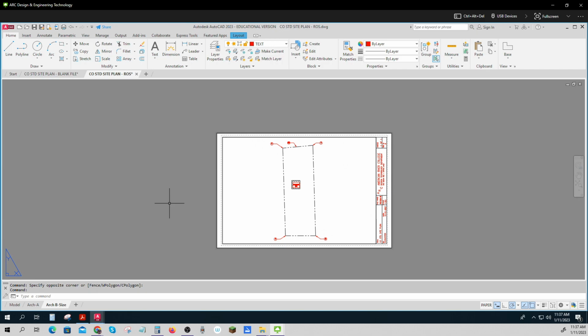So there we go. There's the last little part of sort of, these are past the basics. These are sort of intermediate level of doing wipeouts and leaders and doing multi-views and blocks and exporting files and changing paper spaces.